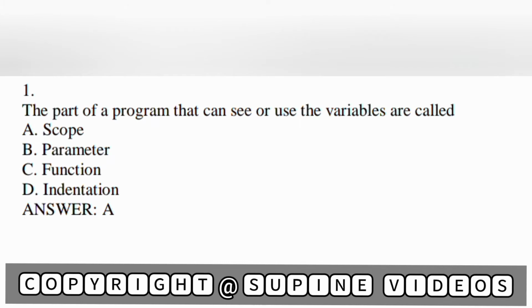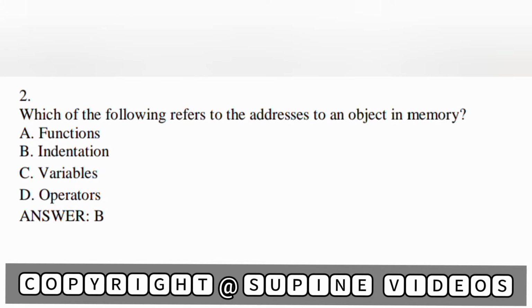கொஸ்டின் நம்பர் 1. The part of program that can see or use the variables are called. Your options are A. Scope, B. Parameter, C. Function, D. Indentation. The answer is option A. Scope. Question number 2. Which of the following refers to the address to an object in memory?